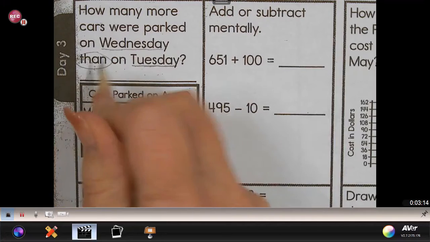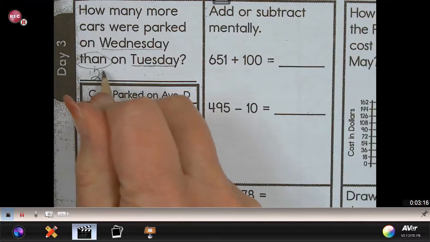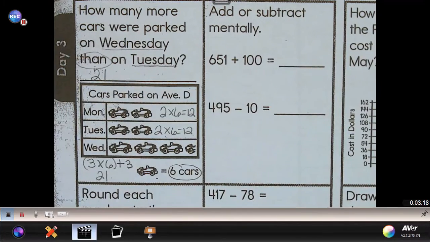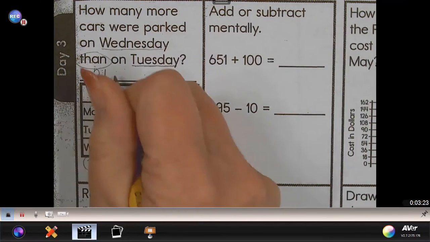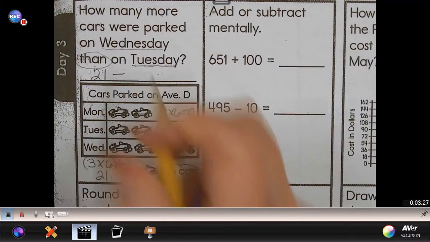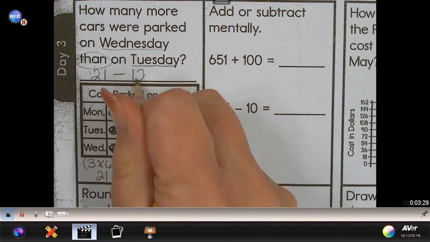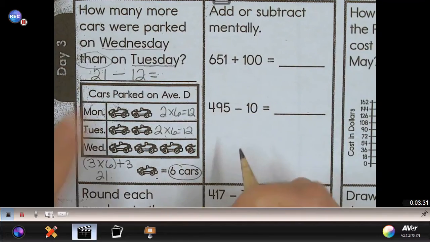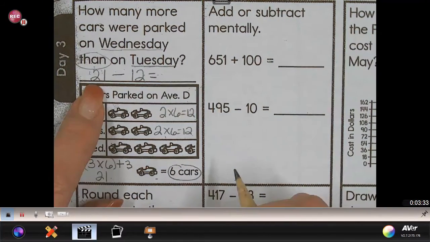So when we take our problem, we want to write an equation to match and show our work. So 21 cars parked on Wednesday. That is more than the cars that were parked on Tuesday. So we want to know how many more. So if I subtract 10 from 21, that would give me 11.